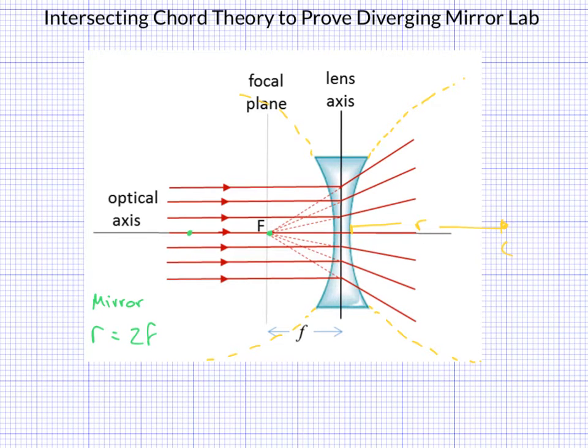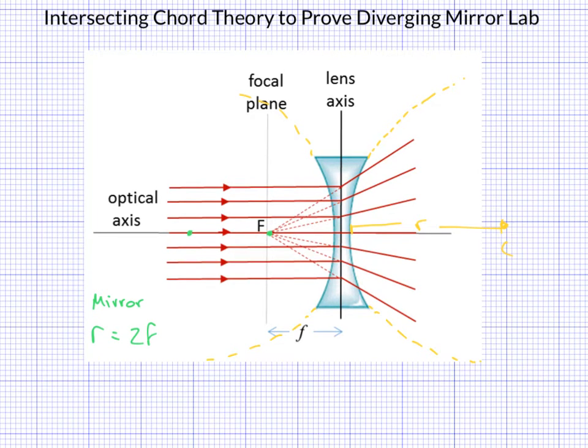However, we're not using a mirror, we're using a lens, and so what we have to consider is the refractive index. Because if I had two lenses with exactly the same geometry, one of them made out of flint glass, which has a pretty high refractive index, and the other made out of something different, I don't know, plastic, or even diamond, which has an even higher refractive index, that's going to affect the angle of these rays, and that then must affect the focal position.